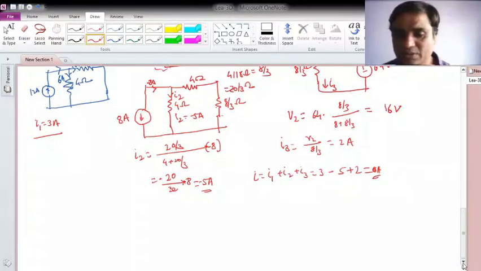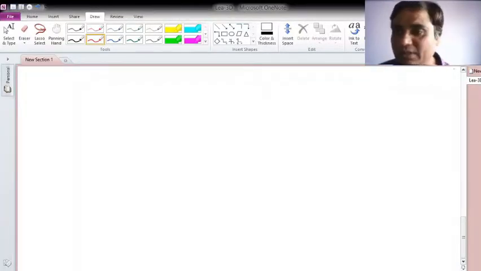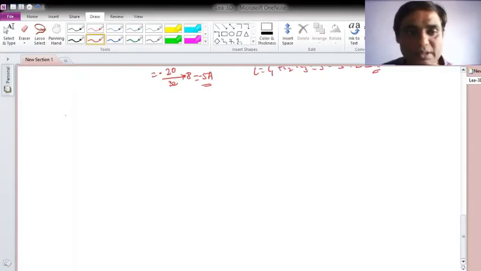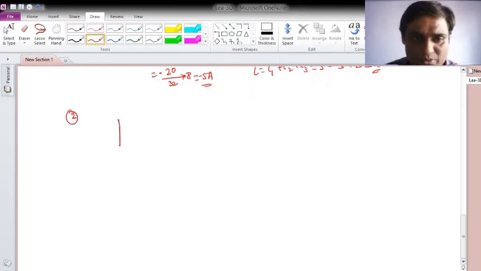Now one more example, we'll take it related to a dynamic circuit, where the circuit consists of capacitors, inductors, or energy storage elements. So suppose this is my voltage source with sinusoidal excitation. If it is sinusoidal excitation, I know the phasor approach is good for it, with value 10 angle 0.